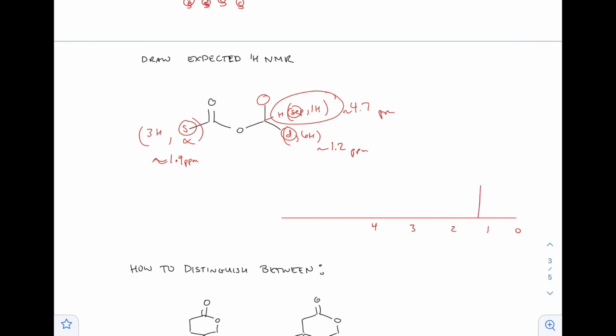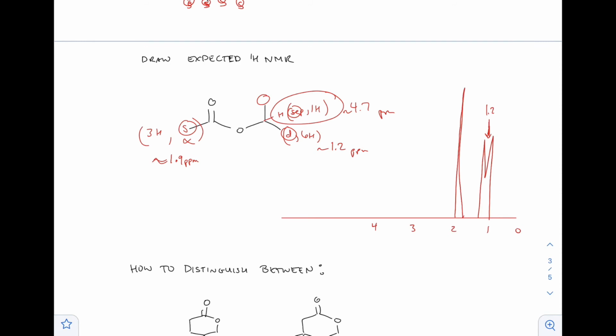So we go boom, boom, and then the doublet measure, that's in between. If it's a doublet, the 1.2 is like right in the middle of it. 1.9, we have a singlet, so let's just look like that.